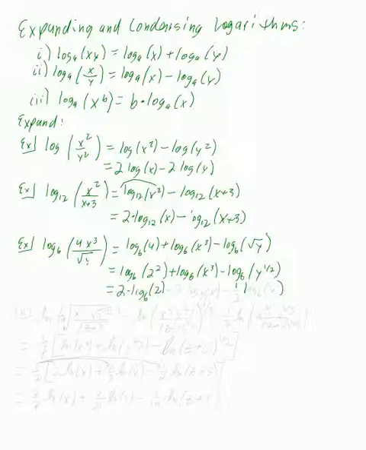This becomes 2 times log base 6 of 2 plus, now the 3 is going to come down from the x, log base 6 of x, and for the y, minus 1/2 is now going to be in front. Log base 6 of y. And that's as expanded as I can make that one.